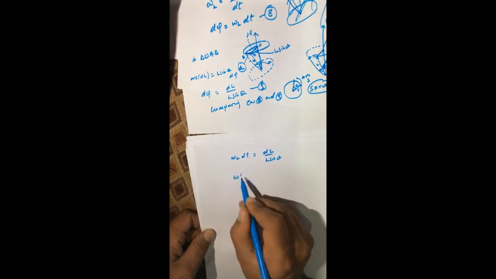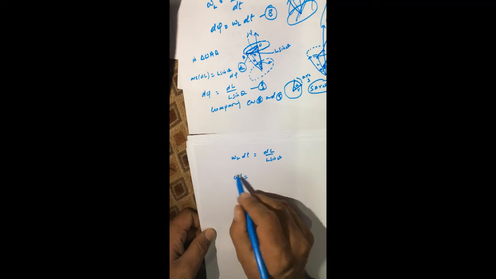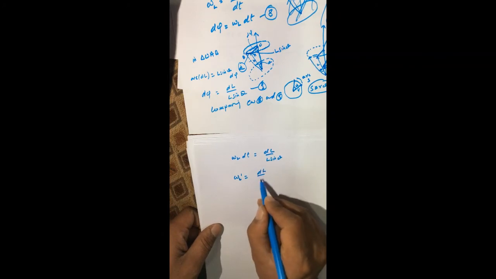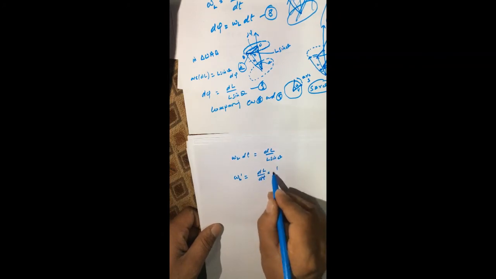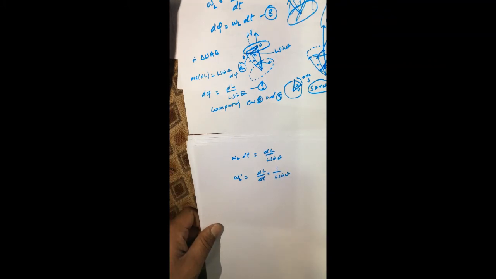Omega L, the angular velocity due to orbital motion of electron, is equal to dL over dt times 1 over L sin theta.